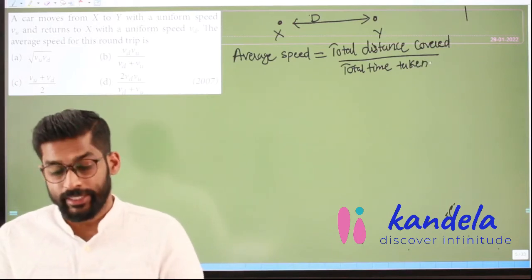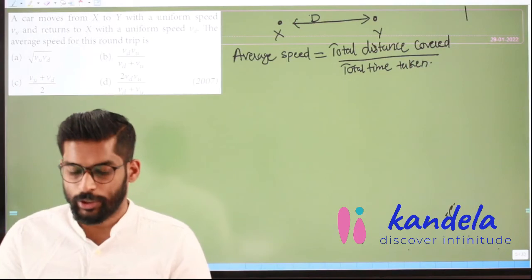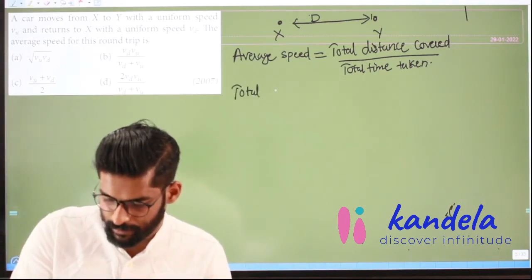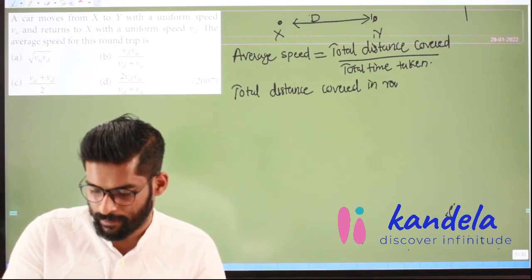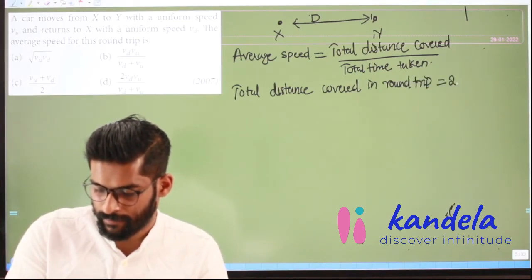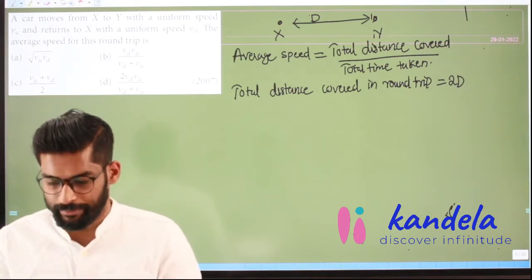Okay, if the distance between X and Y is d, then the total distance covered during the round trip will be 2d. So 2d is the total distance covered in the round trip.